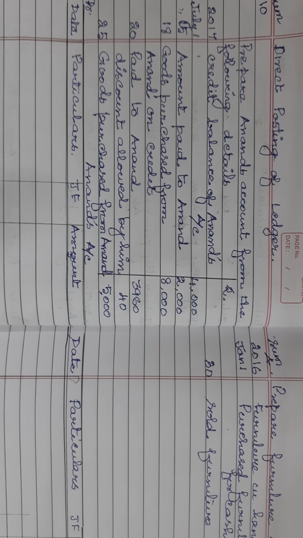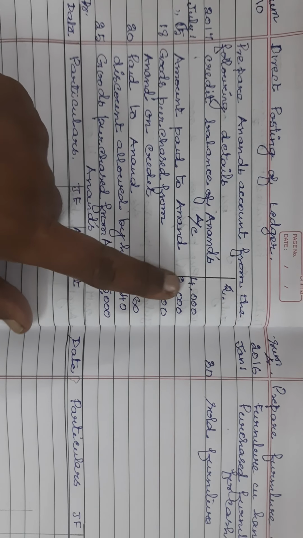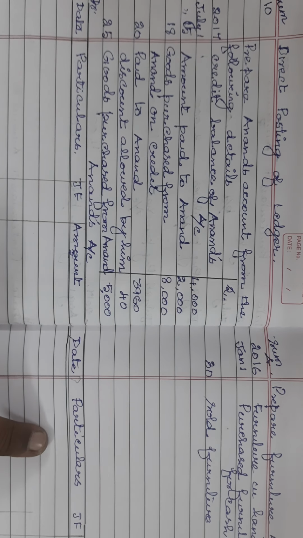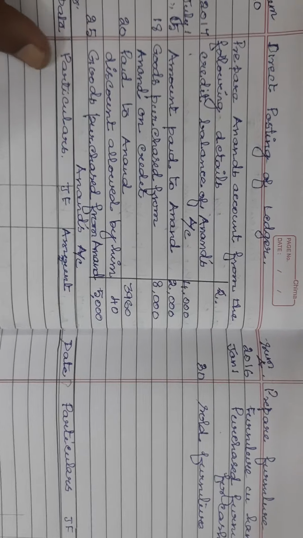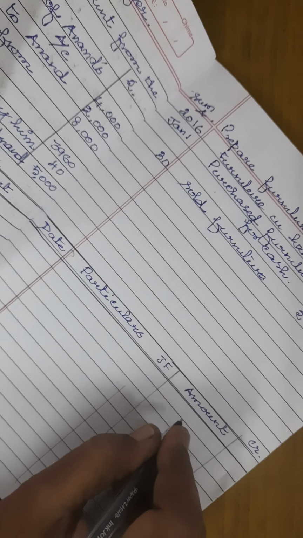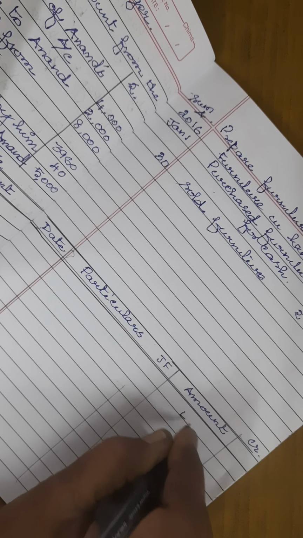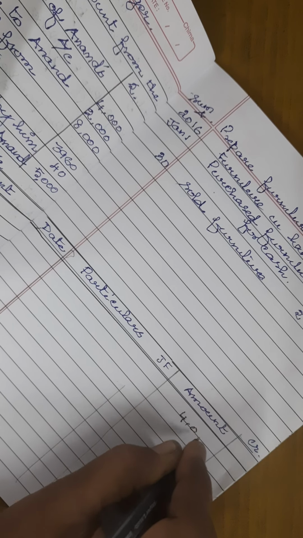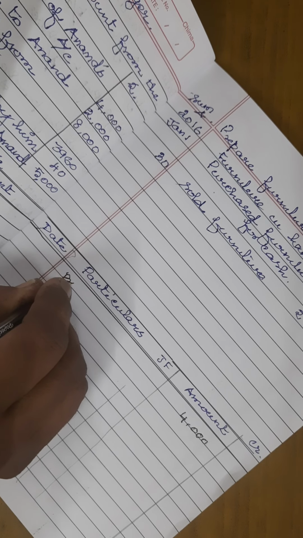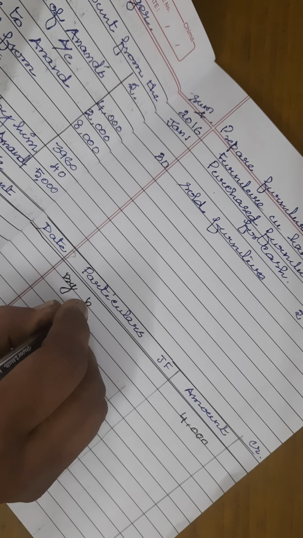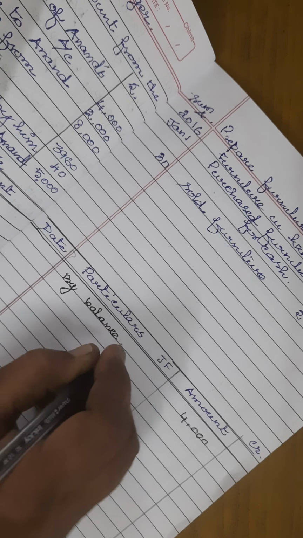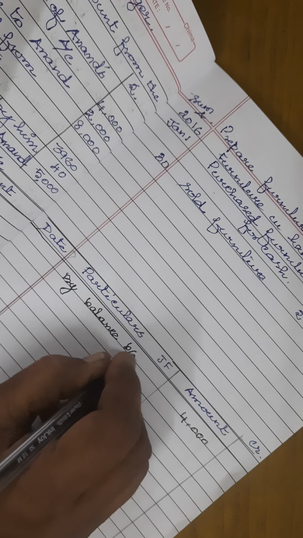Now Anand has an opening balance, and the opening balance is a credit balance. Then we must write it on the credit side as 'By balance brought down'. First I write the amount, then in the particulars I write 'By balance brought down'.